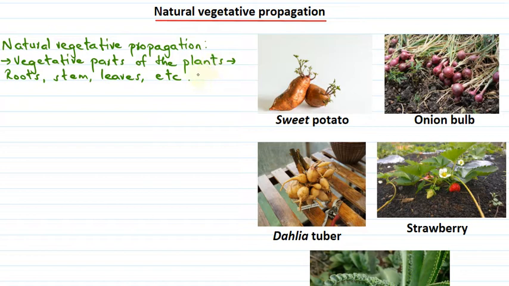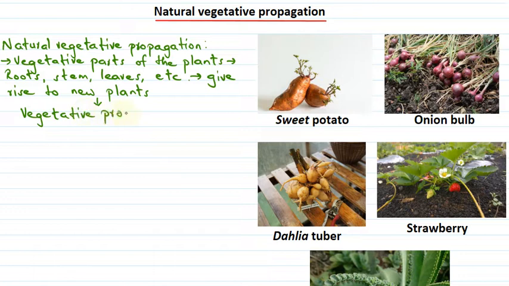Okay, and these parts can give rise to new plants. These parts which give rise to new plants are known as vegetative propagules. There's a specific term called vegetative propagules.